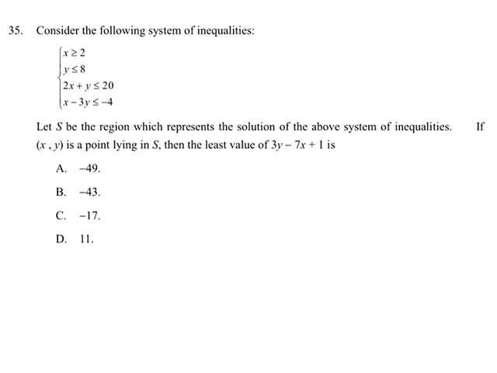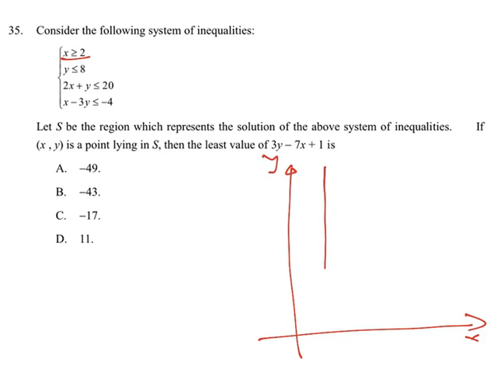Now let's see question 35, linear programming. First we need to draw the graph, one by one. x equal to 2 is around here. And then y equal to x.